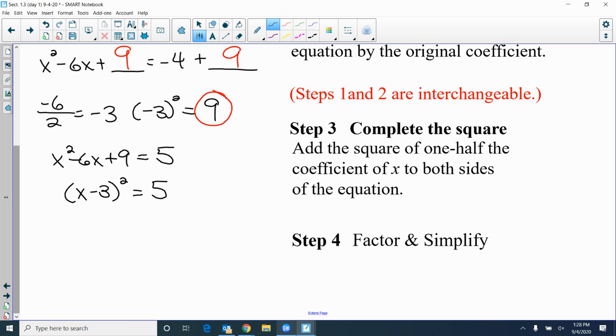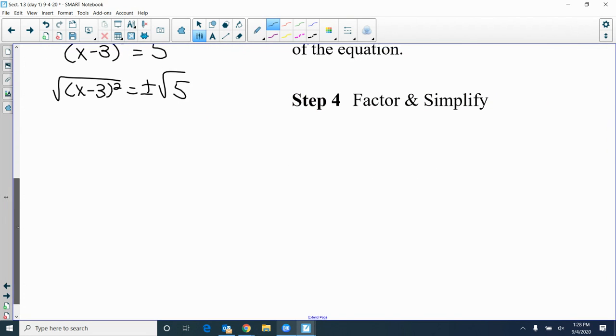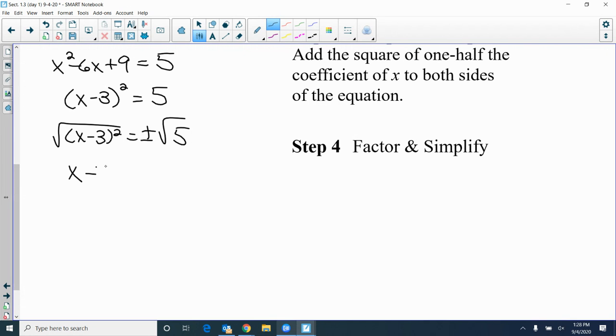Now take your square root and get x by itself. So the square root of x minus 3 squared equals plus or minus square root of 5. x minus 3 equals plus or minus radical 5. Add 3 to the other side.